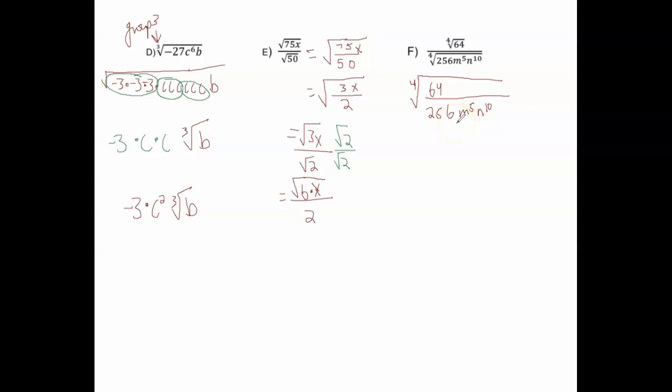Sorry, I should have marked that. And then when I simplify 64 and 256, this becomes the 4th root of m over 4. I can have 5 m's.